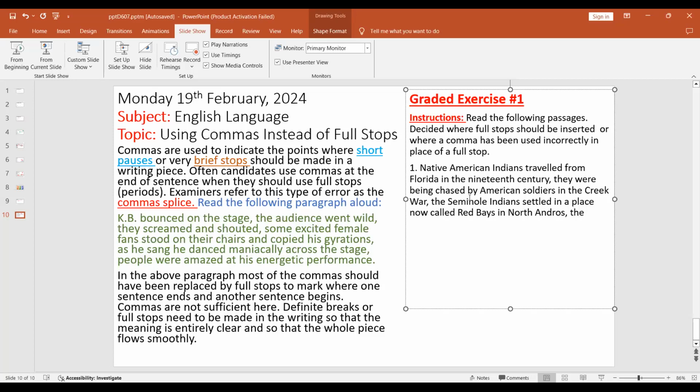The Indians were accompanied by runaway black slaves.